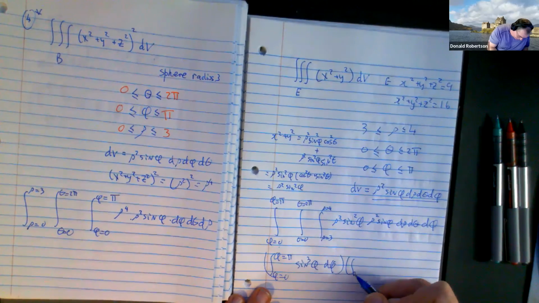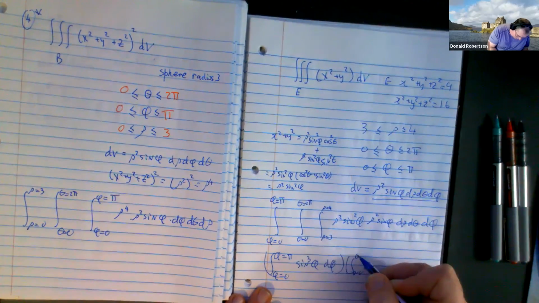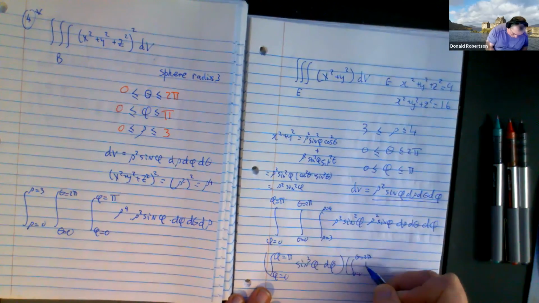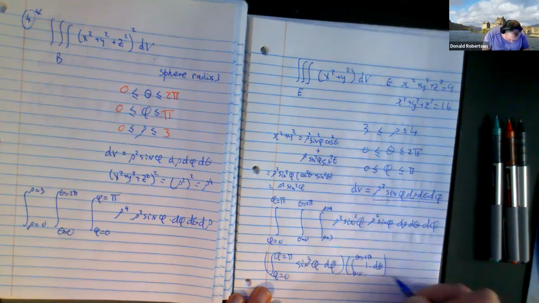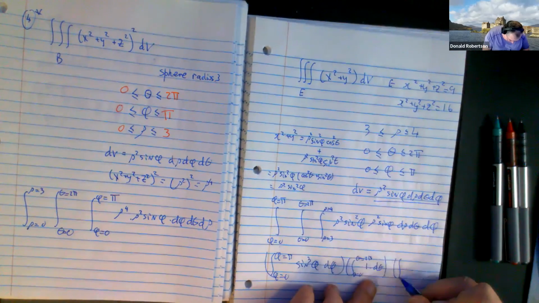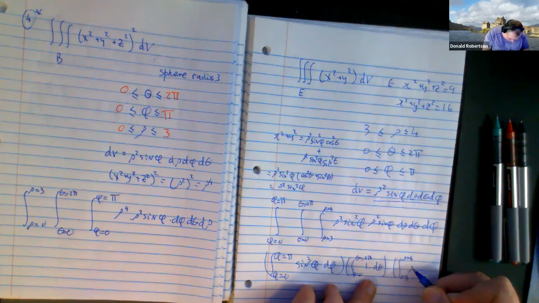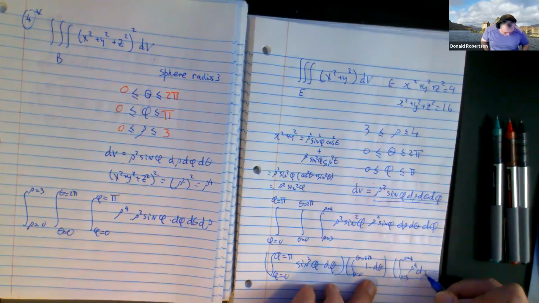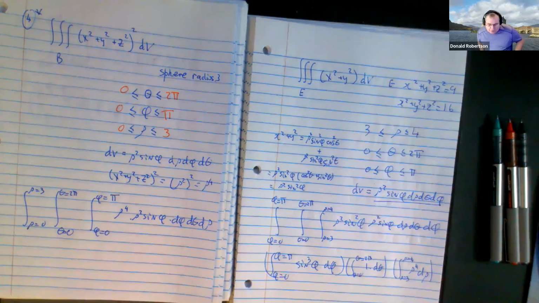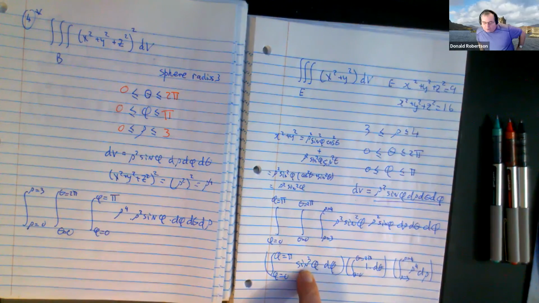Theta goes from 0 to 2 pi, nothing there, so you get 1. And then you've got rho equals 3 to rho equals 4 of rho to the 4. This is the only one I think is going to cause you some trouble, and it's sine cubed. You're going to have to integrate sine cubed.